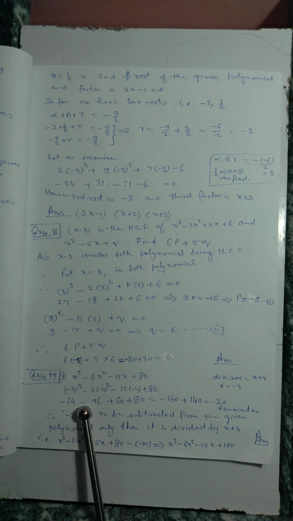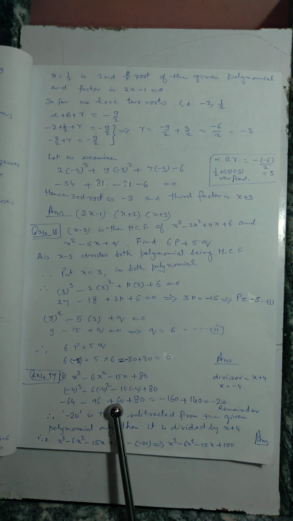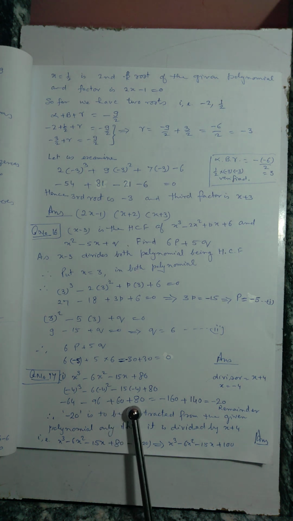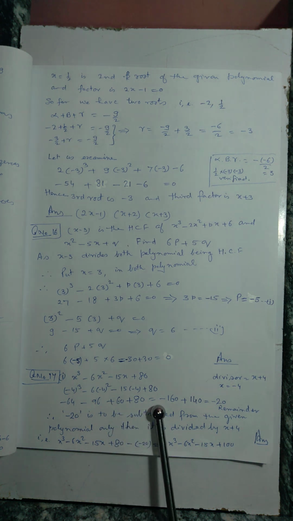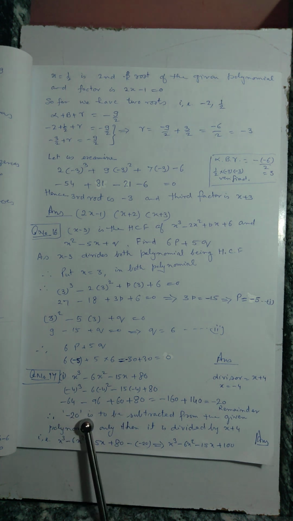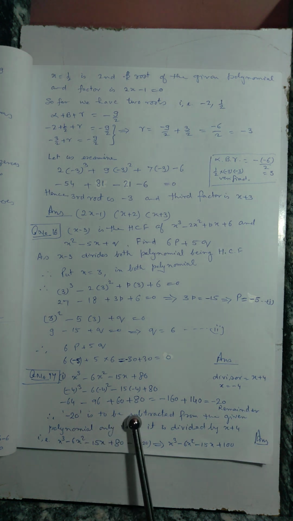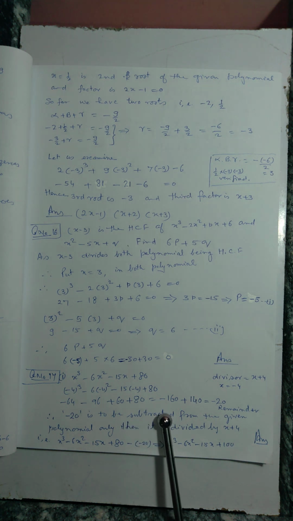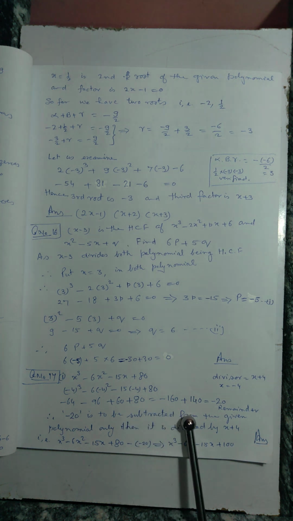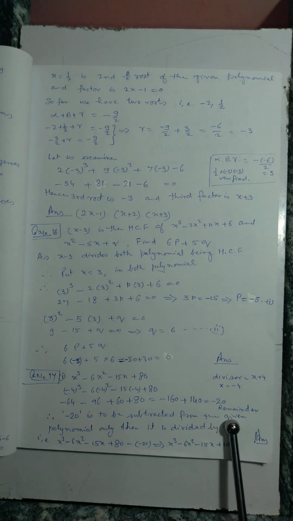So minus 4 raised to power 3 minus 6 into minus 4 raised to power 2 minus 15 into minus 4 plus 80. So it will become minus 64, minus 96 plus 60 plus 80. So 100 minus 160 plus 140 will be equal to minus 20. This minus 20 is the remainder.